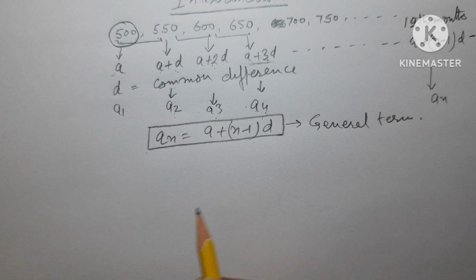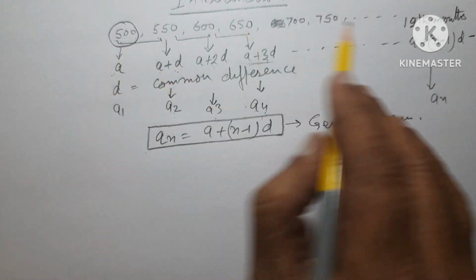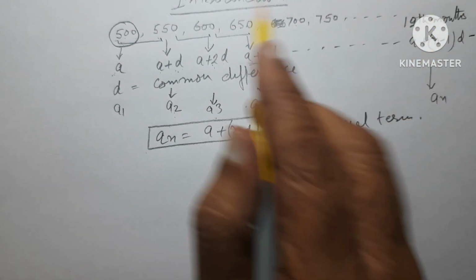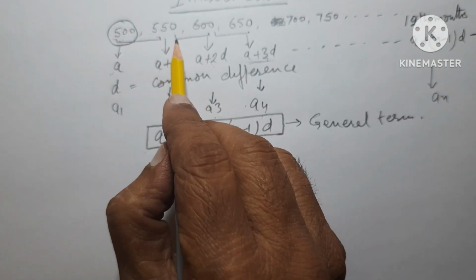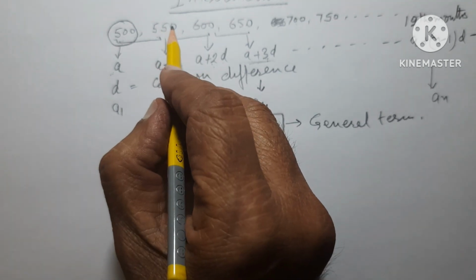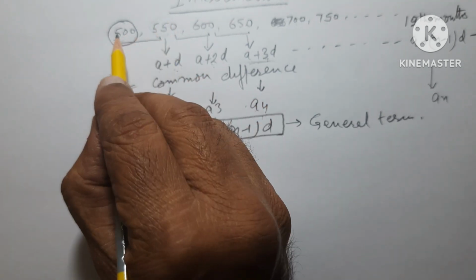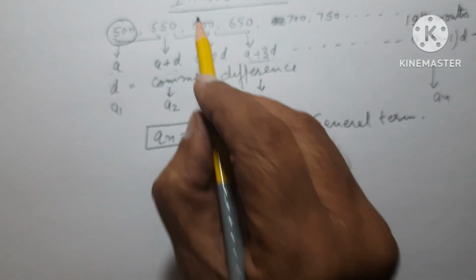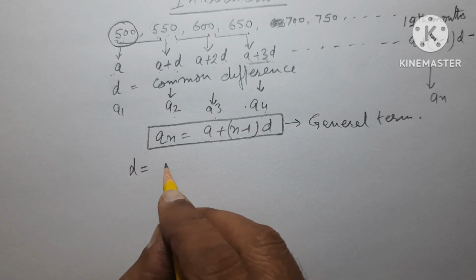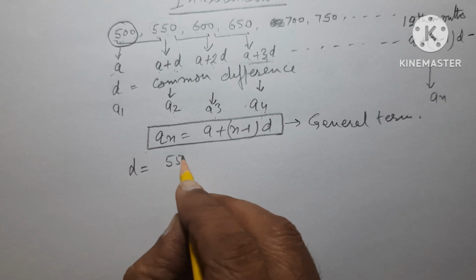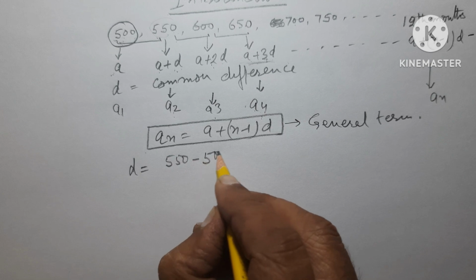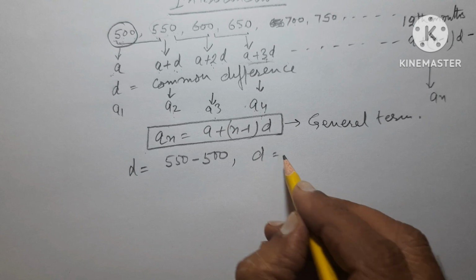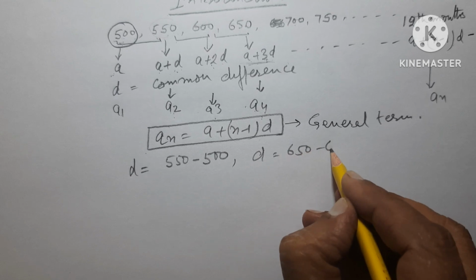Okay. Now the next step is how to calculate D. If you are given an arithmetic progression, then how to find D? D is equal to 550 minus 500, or you can also write 650 minus 600.